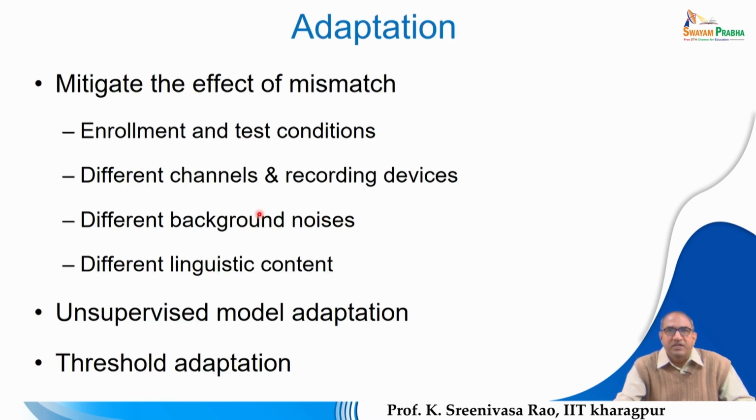Then the speaker adaptation. Here, when you are building speaker models, there will be a mismatch between the training phase and the testing phase. The speech may arrive from various testing conditions. Maybe when you are building a speaker model, you collected the speech in a clean, indoor environment, but when you are testing, the same speaker has recorded the speech, or the speech was uttered, outdoors or in a very crowded place.